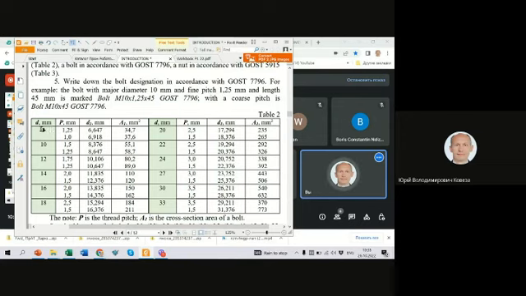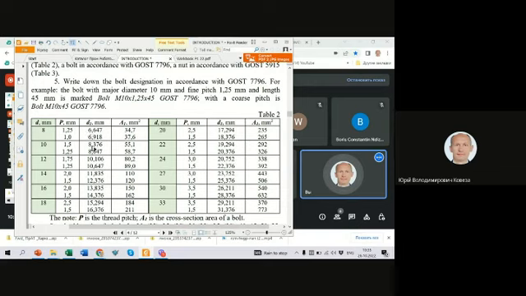For each diameter, we have one so-called main coarse pitch, and there should be 2, 3, 5 fine pitches, but we use one coarse, one fine. And pay attention that this table is in increasing order.